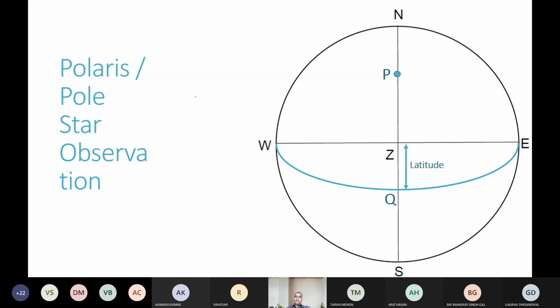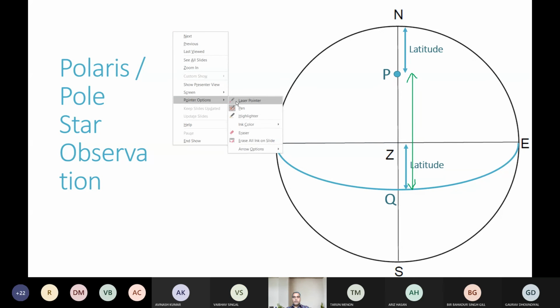Now, beta, we know that the altitude of the pole or elevation of the pole, which is basically NP, N to P in this diagram, is also known as altitude of the pole. It is also known as elevation of the pole. And this is always equal to the latitude of the observer. Why is it equal to the latitude? It's very simple to understand. You see, we know pole to equinoctial is 90 degrees.